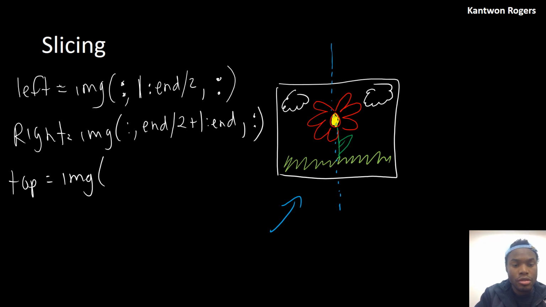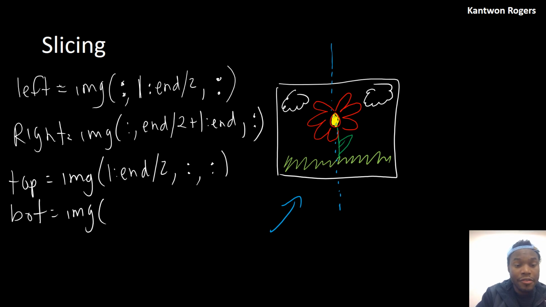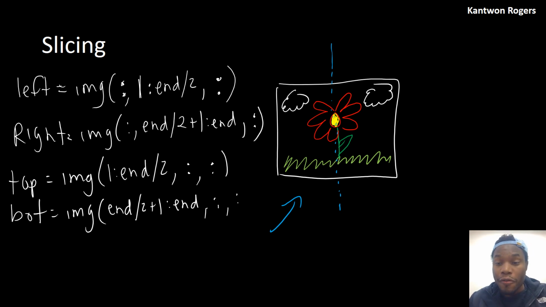So the top half will be the first half of my rows, and then all of my columns and all of my layers. The bottom half will be the second half of my rows, so n divided by 2 plus 1 to the end, all of my columns, all of my layers.